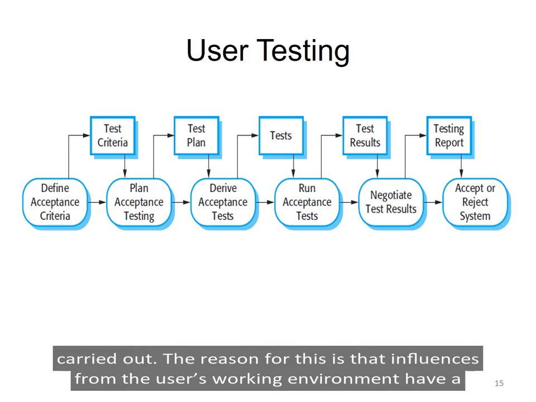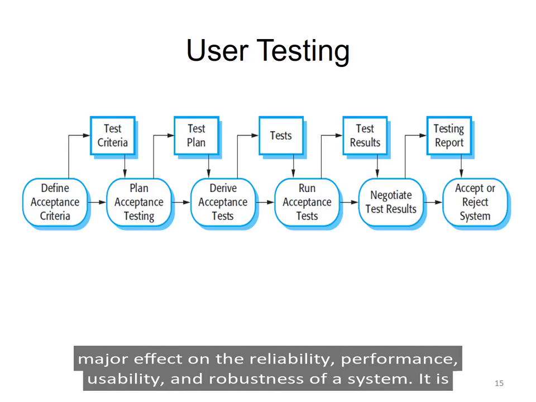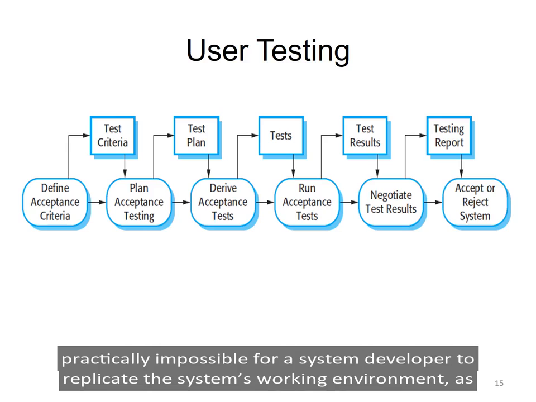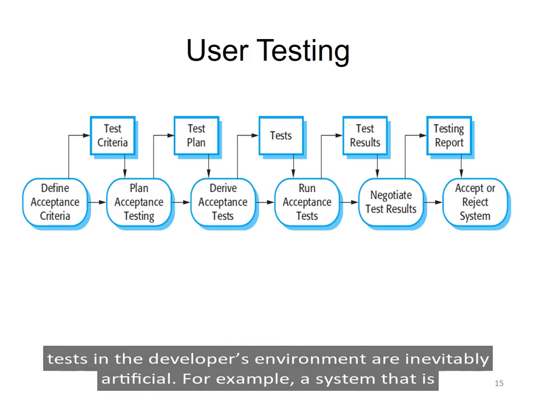The reason for this is that influences from the user's working environment have a major effect on the reliability, performance, usability, and robustness of a system. It is practically impossible for a system developer to replicate the system's working environment, as tests in the developer's environment are inevitably artificial.